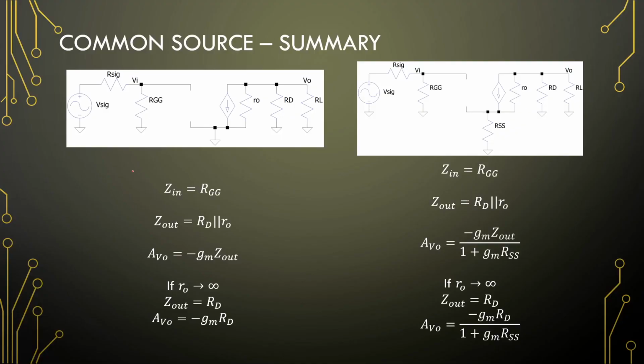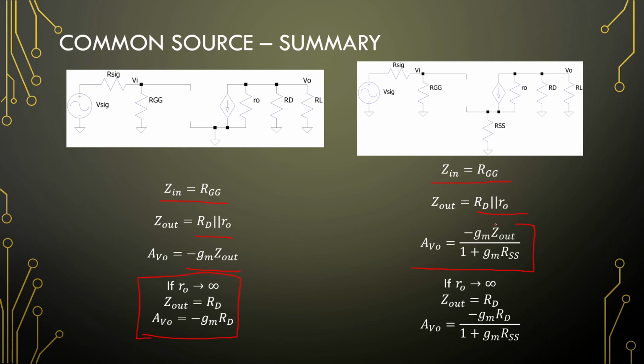So in summary for our common source, for both cases, the resistance that we see on the gate is our input impedance. Output impedance is basically our drain resistor. Our gain is our transconductance multiplied by our output impedance. For designing, or when we assume that our output impedance of our transistor is infinite, gm·RD would be our gain.